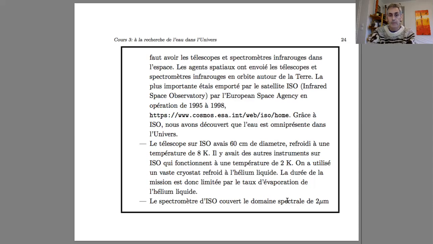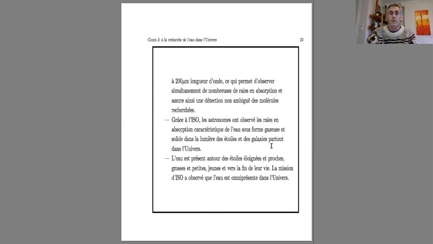And they had, I guess I say a spectrometer here, but they actually had 2 spectrometers working to cover the spectral range of wavelengths going from 2 micrometers, so 2,000 nanometers, up to 200 micrometers, so 200,000 nanometers.